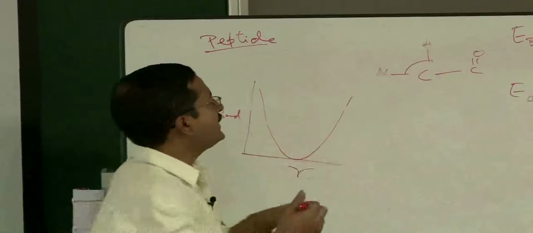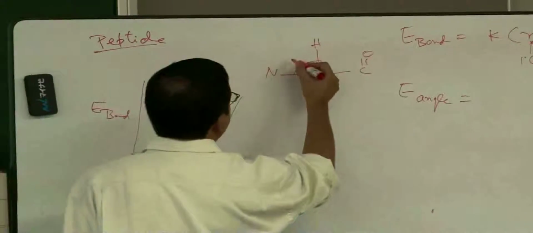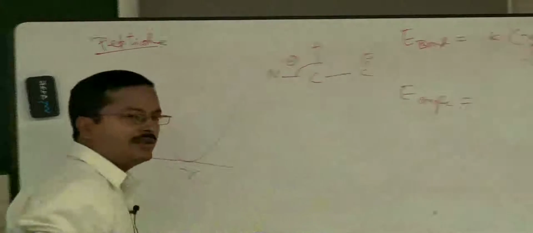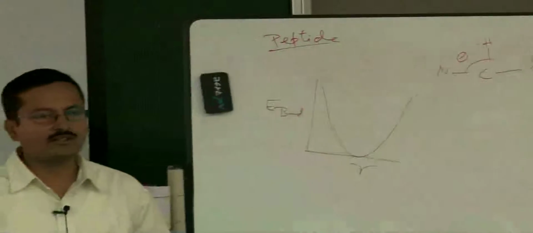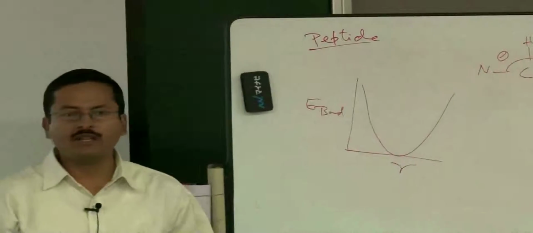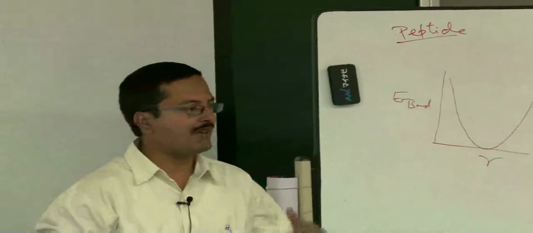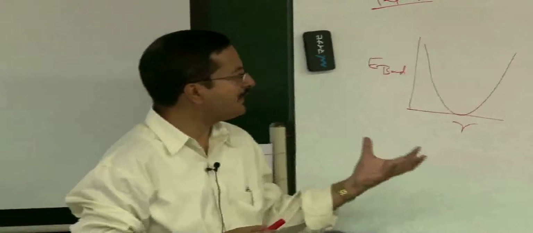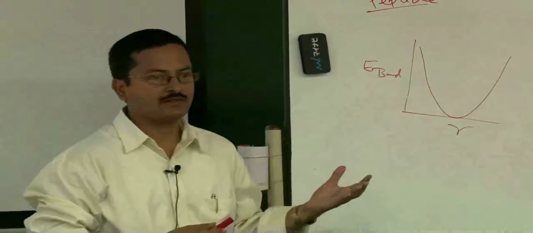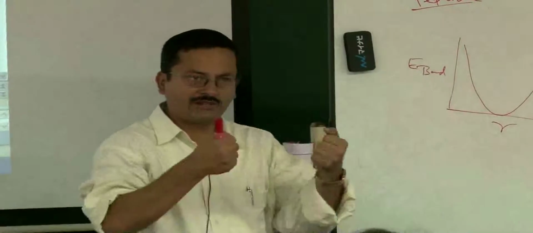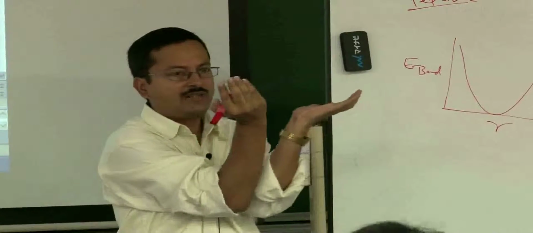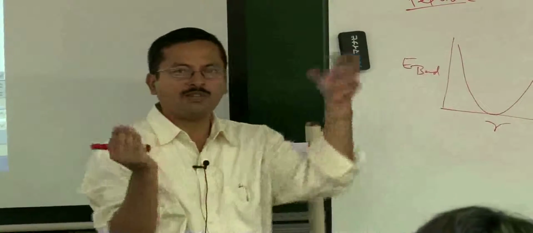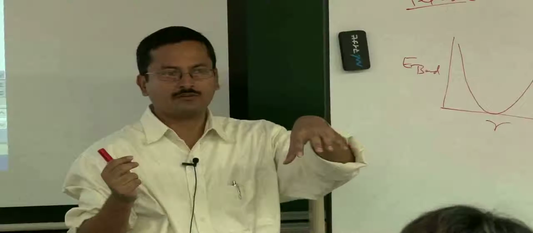This is the angle, let us say it has some value theta. If we want to change theta to another value, again we need to give some energy, and that is the energy of the angle. Like the bond, where you have to stretch it and give energy, with the angle, if you want to shrink or increase it, you have to give energy in the same way. So, it is very similar to this one.